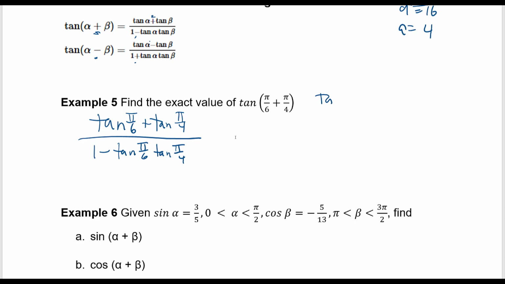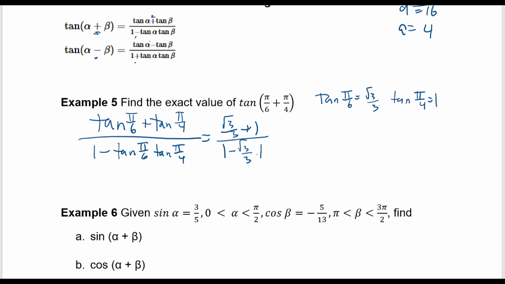And by the way, tangent of pi over 6 is the square root of 3 over 3, and tangent of pi over 4 is 1. So we're going to put those values in. Here we have the square root of 3 over 3 plus 1 over 1 minus the square root of 3 over 3 times 1.